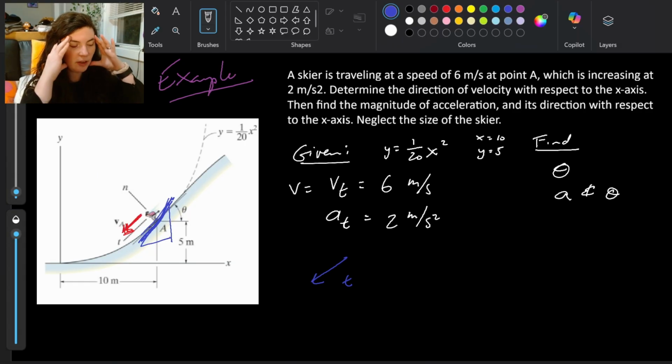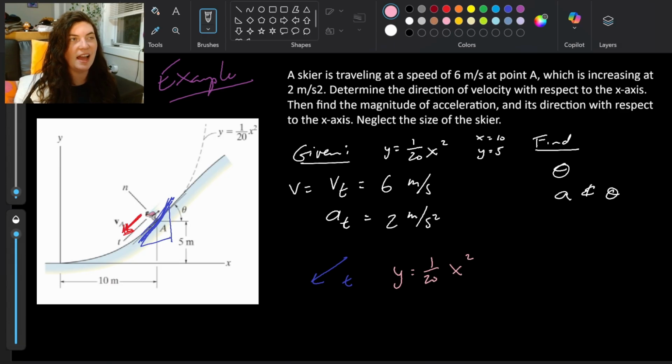If we think back to our calculus, what is a slope really? Well, a slope is just a derivative. So if I take the derivative of that function at point A, taking the derivative of y equals 1/20th x squared, my derivative dy/dx is going to be 1/10 x.